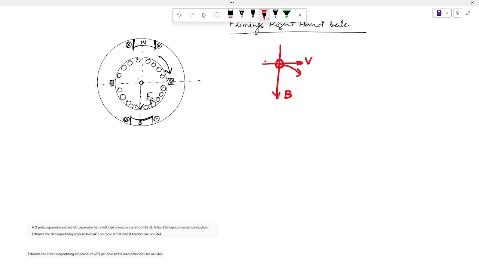So this conductor, see, this is B and this is V, so the current will go into these conductors. So I will show it here by a cross.